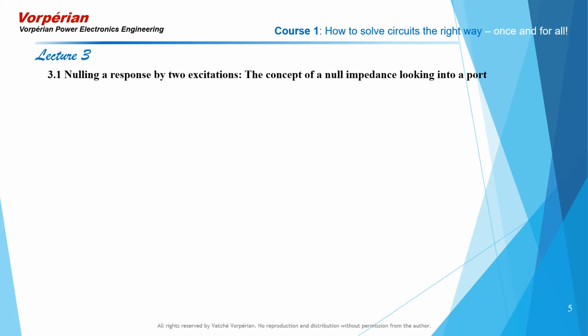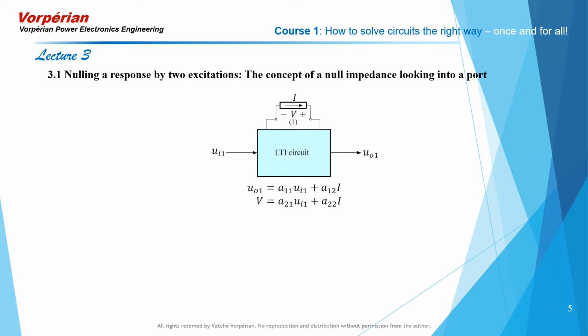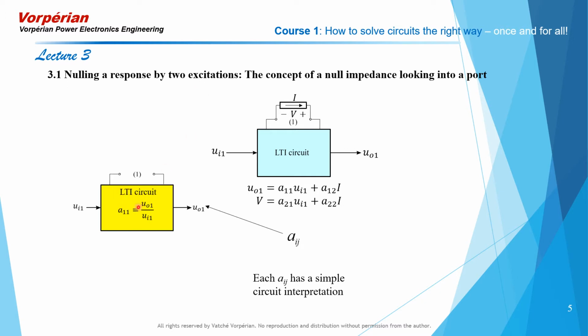We will now interpret each of these coefficients as some kind of a specific transfer function of this linear time invariant circuit under a specific condition. For example, A11, shown here, is the transfer function from input 1 to output 1 when the second excitation is set equal to 0, when I equals 0.